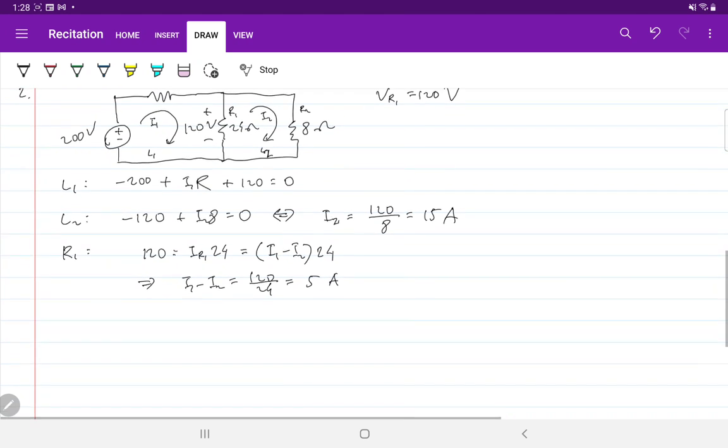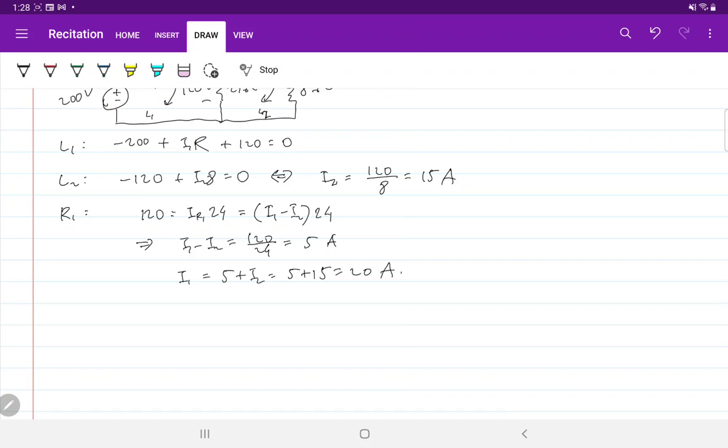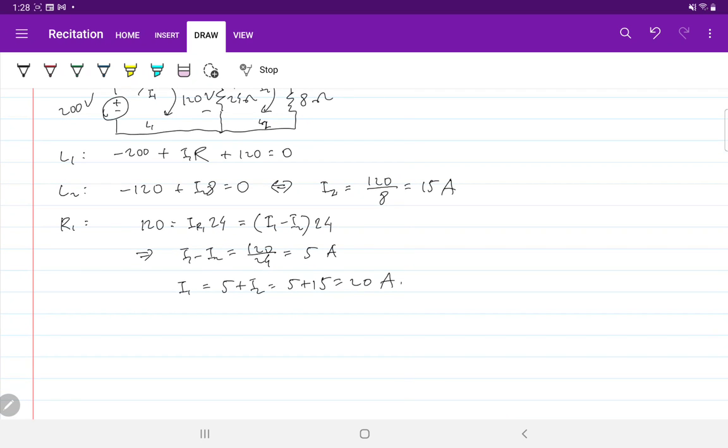Since we know I2, we can compute I1, right? So I1 is 5 plus I2, 5 plus 15, which is 20 amps. So we know I1. Okay, so we can use the first equation there. From the first loop, we have I1R equals, bringing the voltages to the other side, 200 minus 120, which is 80.